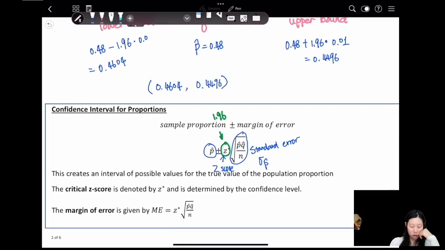This is called the critical z-score, denoted z star and determined by the confidence level. And then the critical z-score times the standard deviation is also called the margin of error.